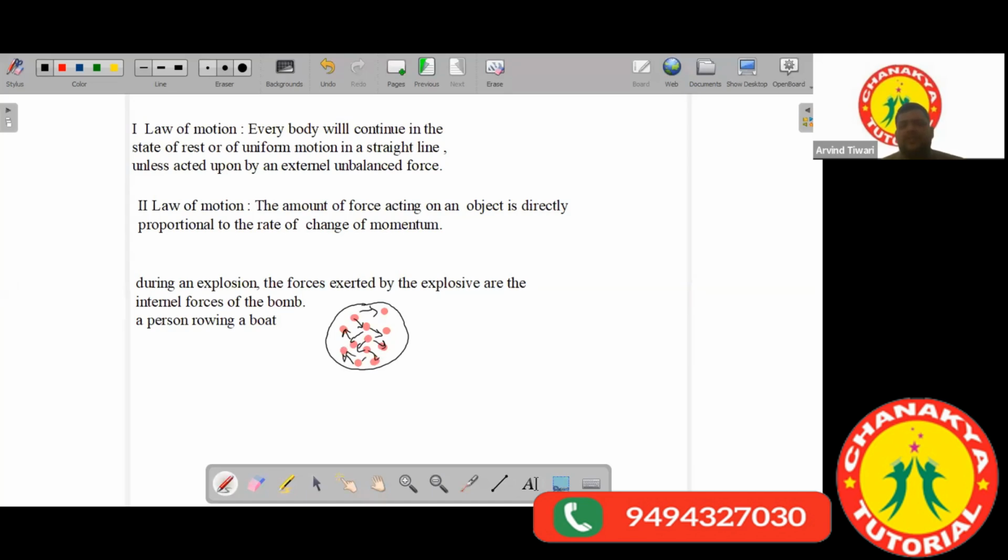These forces are all internal forces. They are not external forces. The internal forces cannot bring about any change in the state of motion. It is the external force which will bring about a change in the state of motion.